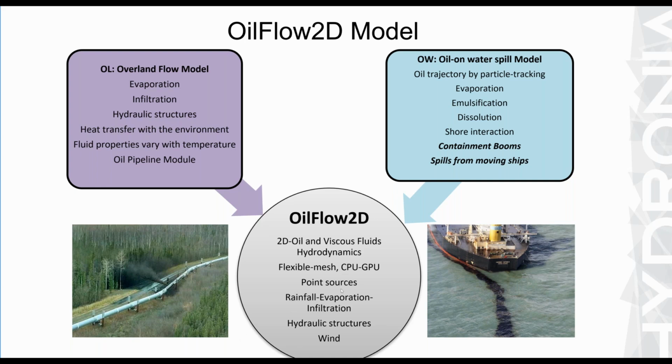It can deal with point sources, rainfall, evaporation and infiltration. And you may ask, why would the oil flow model deal with rainfall? Because the OilFlow2D model includes a water flow model that can be used for the oil and water spill model, and rainfall is sometimes important in those simulations for the water flow.